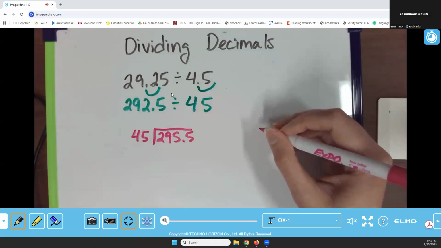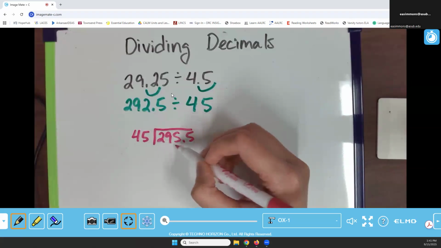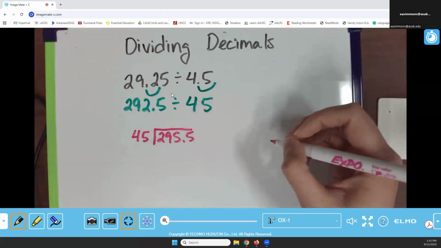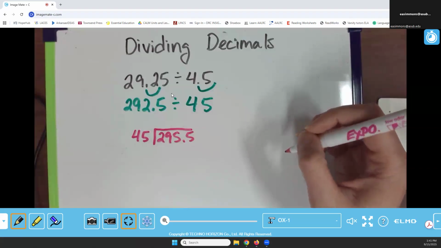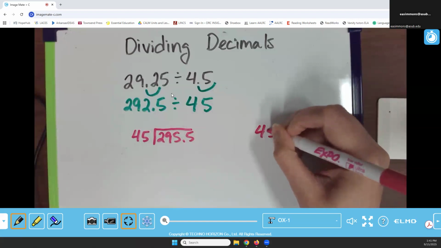I'm not sure off the top of my head how many times 45 goes into 292, so I'm going to guess. 45 is close to 50, 292 is close to 300, 50 would go into 300 6 times, so 45 times 6.